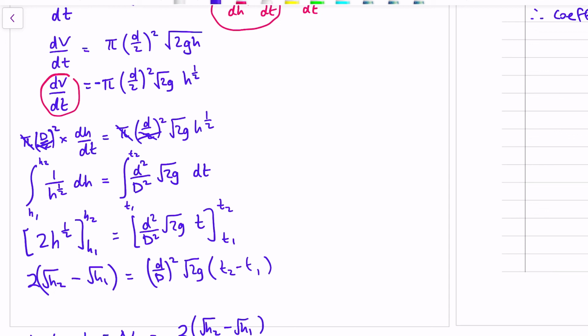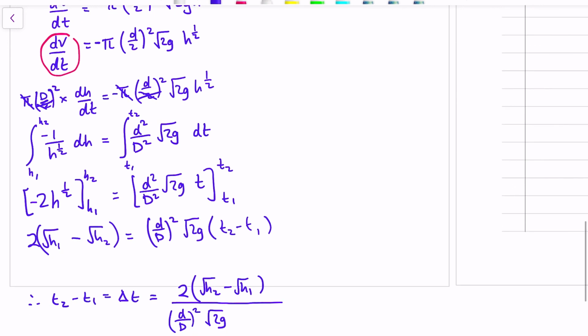Okay, I should have had a negative there, which I could put on that left-hand side. It's got to be somewhere. And that's why my h2 and h1 come out the wrong way around here. But look, it was only a minor error. You could just argue that the change in height is negative between that time. But we do want to prove exactly what the thing says.